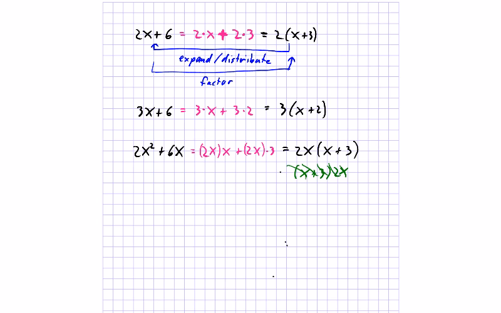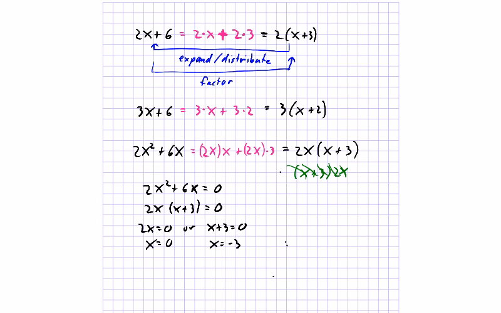Also, let's point out that if we had been given the problem 2x squared plus 6x equals 0, this was one of the cases where factoring was useful. If we rewrote it as 2x times x plus 3 equals 0, we would know that 2x must be 0, or x plus 3 would be 0, making solutions that x must be 0 or x must be negative 3.